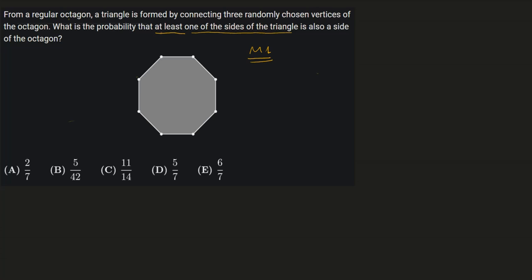Therefore, it's natural to subdivide this problem by the number of their common sides. All right, let's look at the first scenario. In case 1, let's consider that the triangle and the octagon have exactly one common side.